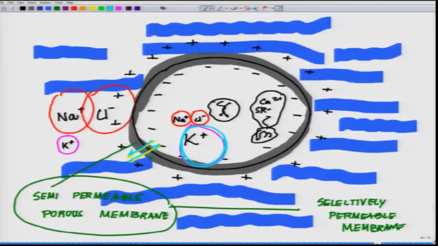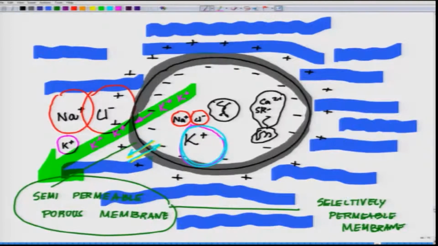If that is the situation, then the potassium ion flow will be governed like this, because potassium ion from inside will try to leak outside, a situation which you could recollect from the previous class.